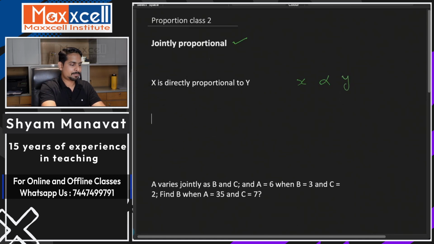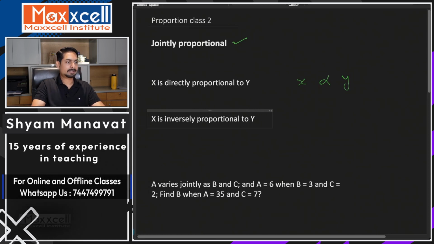If I say x is inversely proportional to y, in that case we say x proportional to 1 upon y.